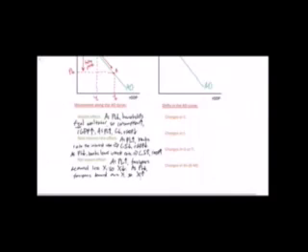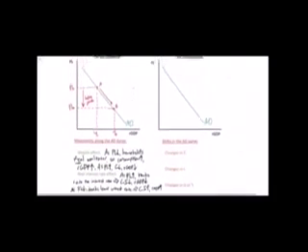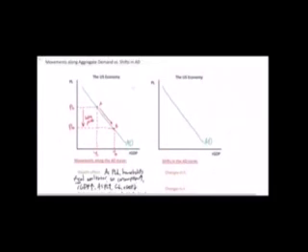The wealth effect, the real interest rate effect, and the net export effect explain why aggregate demand is downward sloping. They explain why we would move from point A to B when price levels fall in the United States economy and move from point B to A when price levels rise in the American economy. Households will feel wealthier when prices fall, interest rates will decrease when prices fall, and foreigners will demand more American exports when prices in America fall.